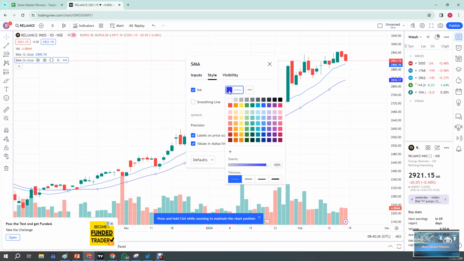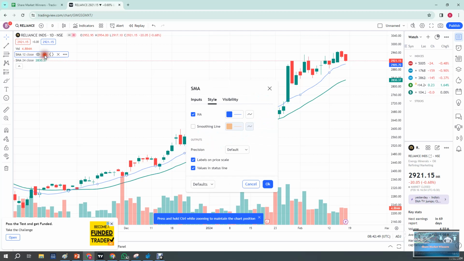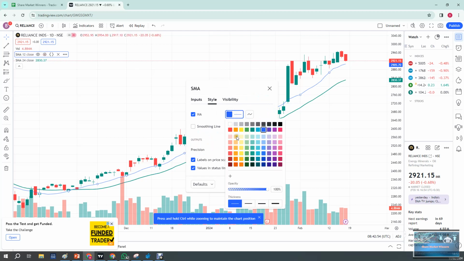In the style, you can change the color of a particular indicator. As you can see, I'm changing the color for the 24 simple moving average to green. I'm just increasing the thickness of that line so that you will be able to see. And the other one, which is the 9 length moving average, I am giving red.